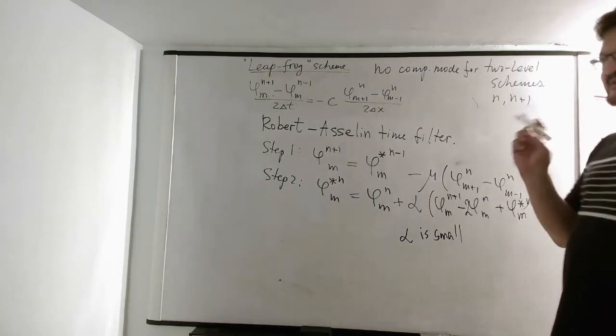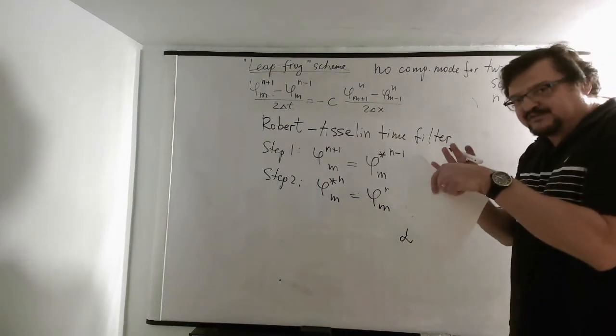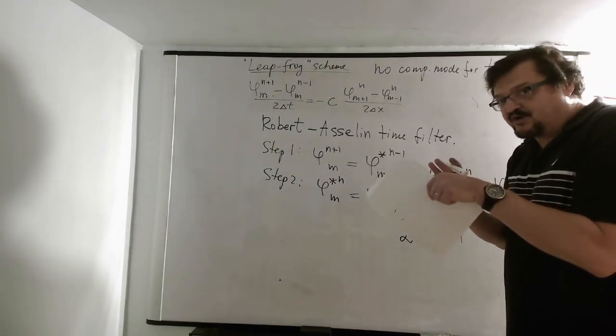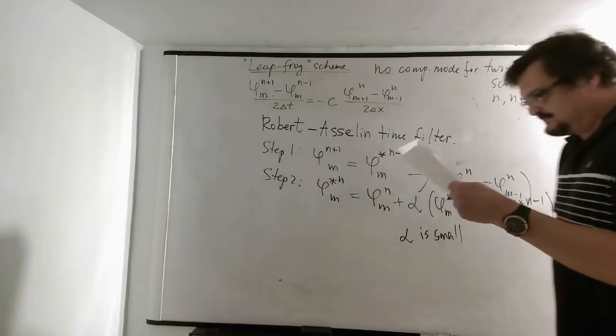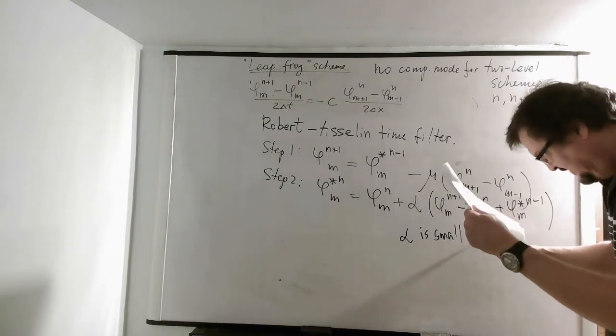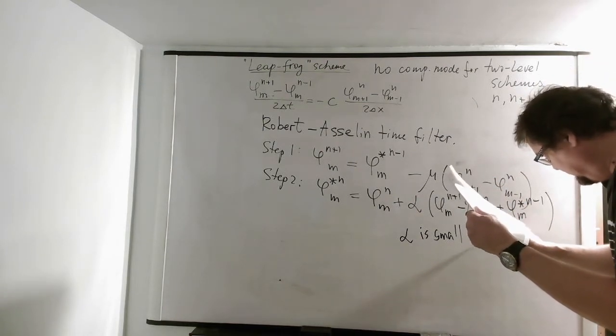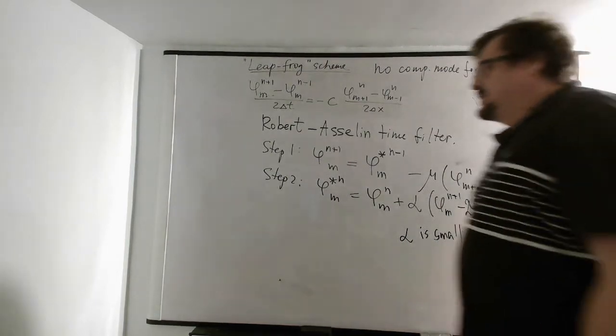So you need some diffusion in time to connect those two sets of solutions, but not too strong, so that you wouldn't actually alter the solution itself. So alpha should be small, and generally it's in the range from 0.01 to maybe 0.1.